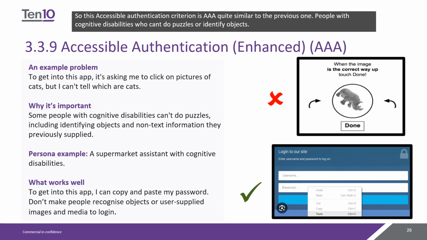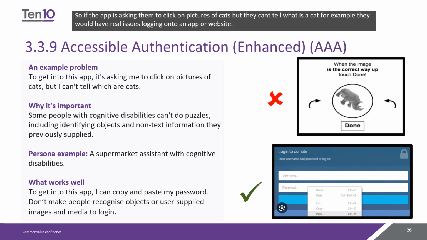So this accessible authentication criterion is AAA. So again, quite similar to the previous one. It is people with cognitive disabilities who can't do puzzles or identify objects. So if the app is asking them to click on pictures of cats, but they can't tell what's a cat, for example, they would have real issues logging onto an app or a site.